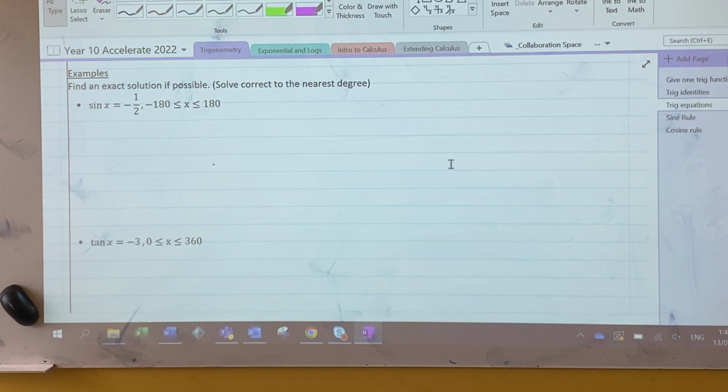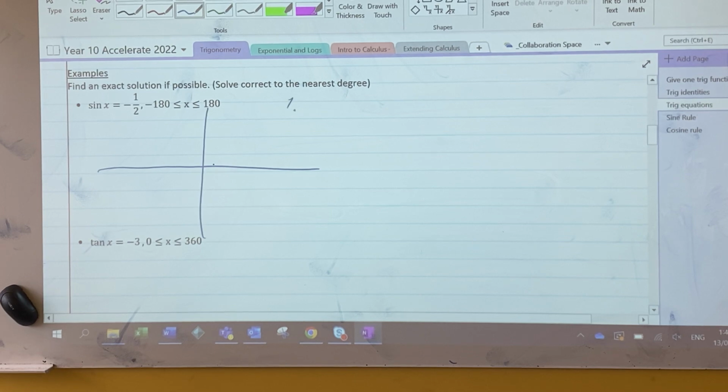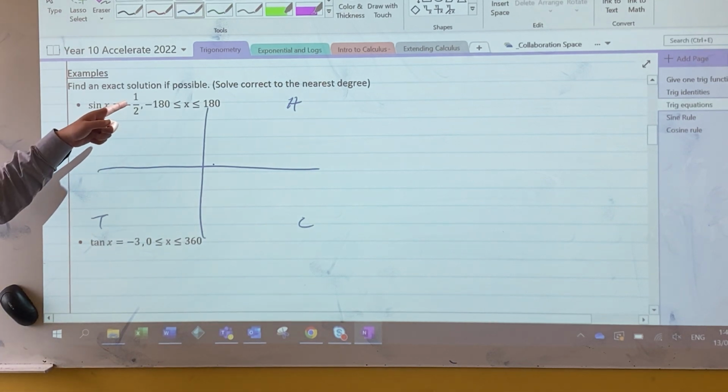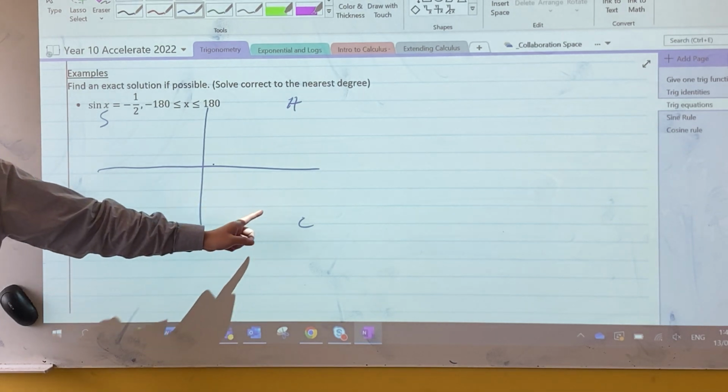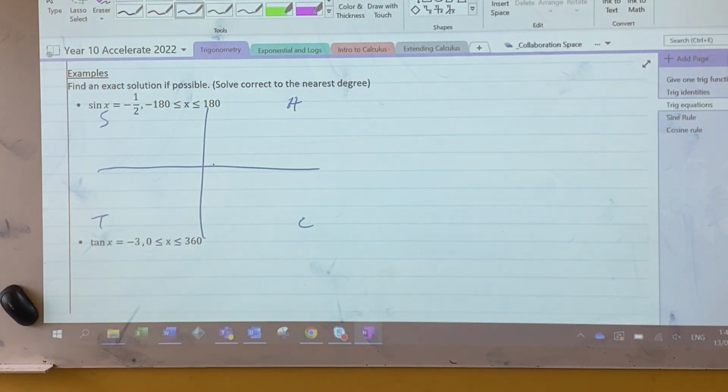So I'll draw A, S, T, C. Sine x is negative, so which quadrants could it be in? Third and fourth, right?